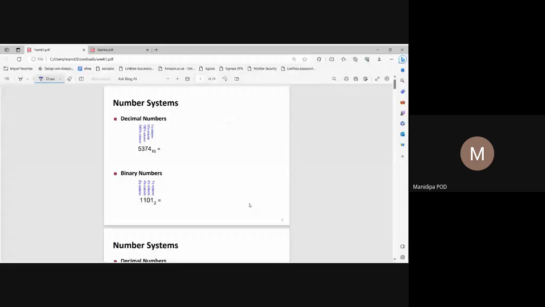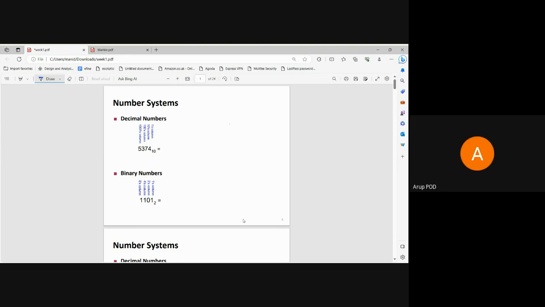Okay, hello everyone. So today we will be starting with the number system. Let me just share my screen. Is it visible? Yes. Okay.